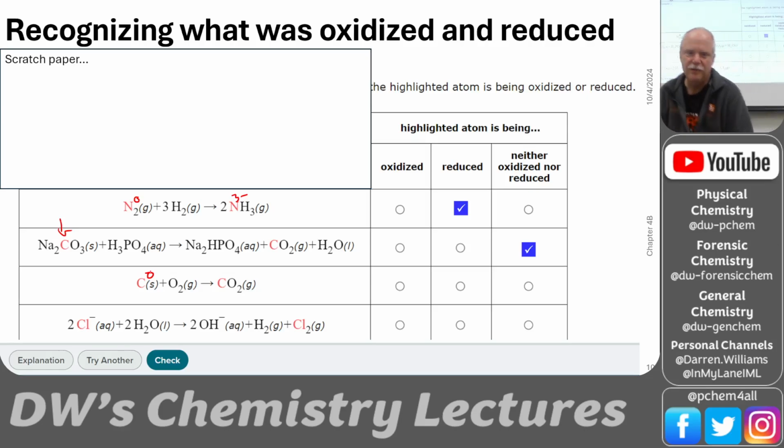Now, let me just tell you, the word oxidized and oxidation came from these oxygen reactions. So if something goes from happy little carbon all by itself to now being attacked by oxygen, it was oxidized. That's where it came from. Oxygen came in and stole 2 electrons for every oxygen atom. And now it's been oxidized.